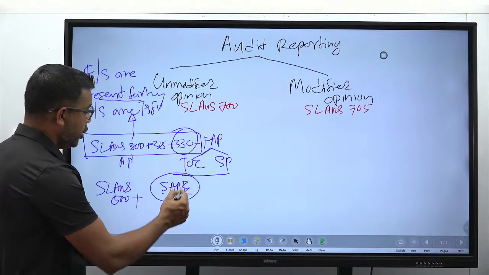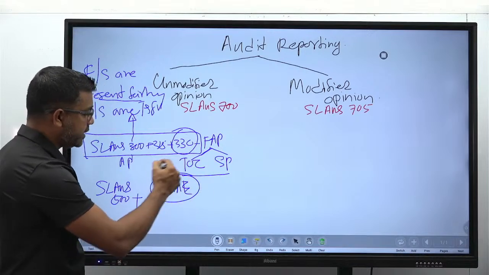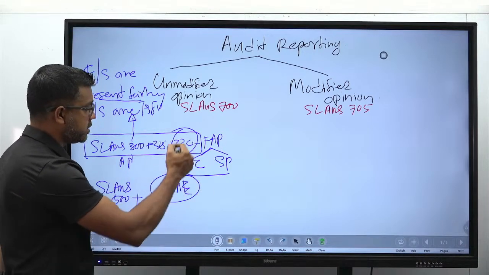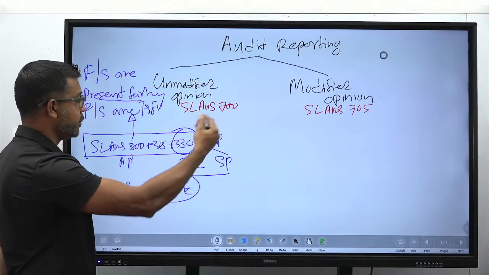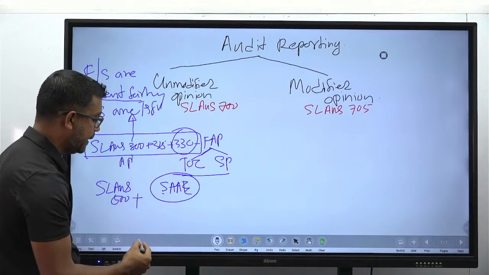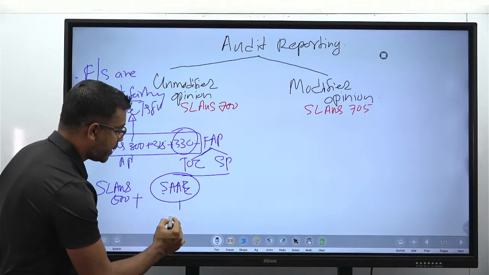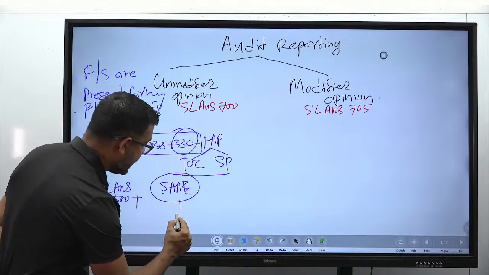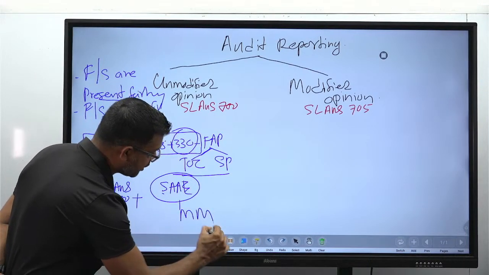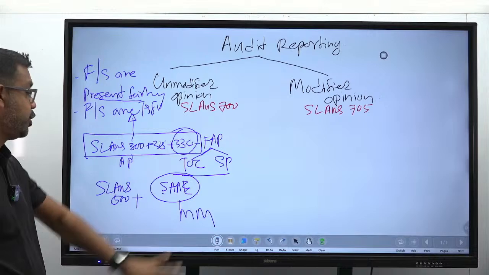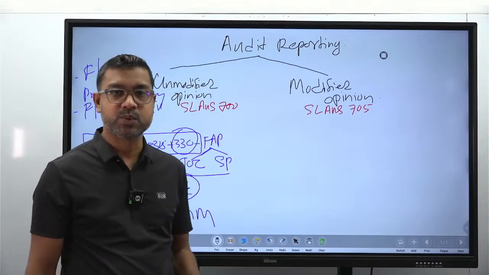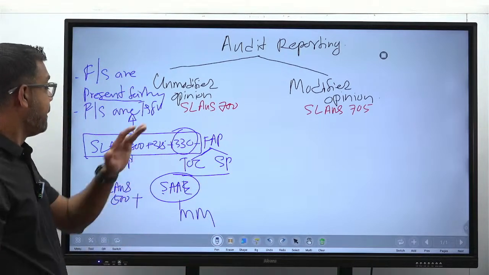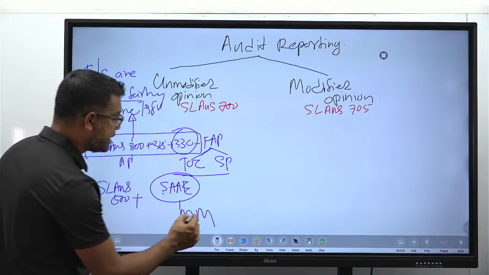Once you collect sufficient appropriate audit evidence after performing test of control and substantive procedures, you will gather, if there is, I can't say always, any material misstatement, the golden word of auditing, MM. MM is what? Material misstatements, or else let's say misstatement.